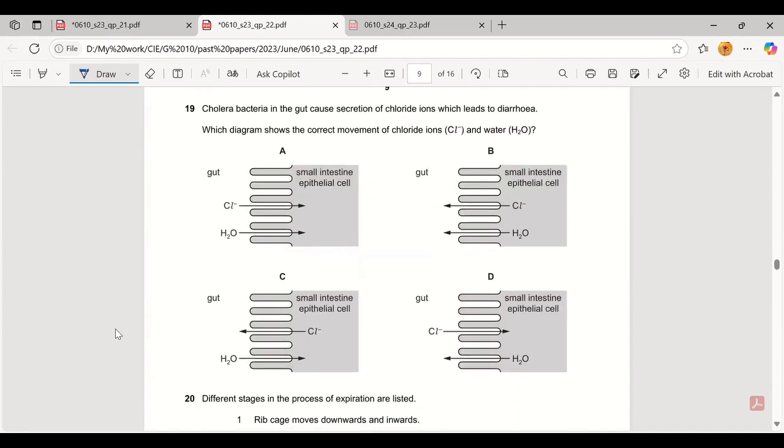Cholera bacteria in the gut cause secretion of chloride ions, which leads to diarrhea. Which diagram shows the correct movement of chloride ions and water? Hala?